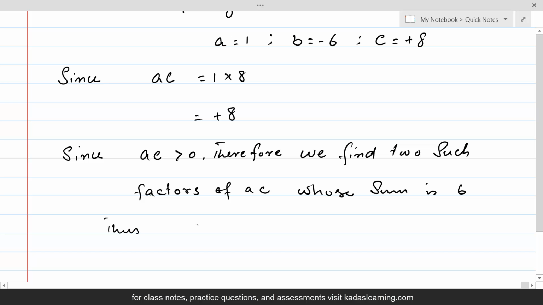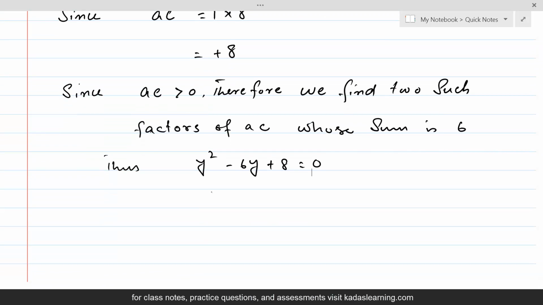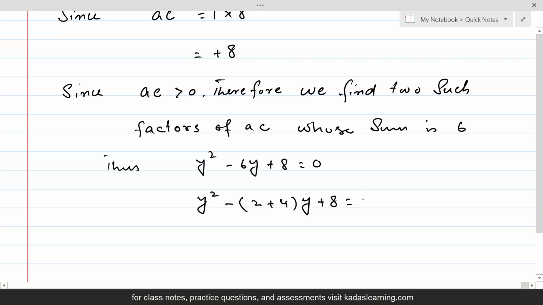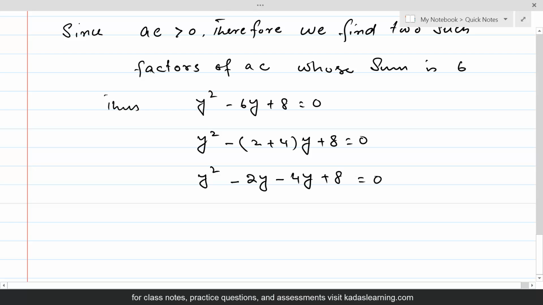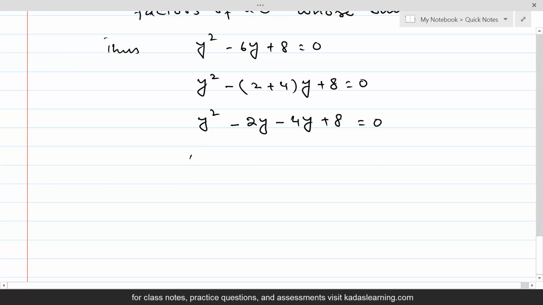Thus y square minus 6y plus 8 equal to 0 becomes y square minus, instead of writing 6 we will write 2 plus 4, and then y plus 8 equal to 0, and let's multiply y inside, and that will give us y square minus 2y minus 4y plus 8 equal to 0, and regrouping and taking y common from the first 2 terms will give us y into y minus 2 minus 4 into y minus 2 equal to 0.